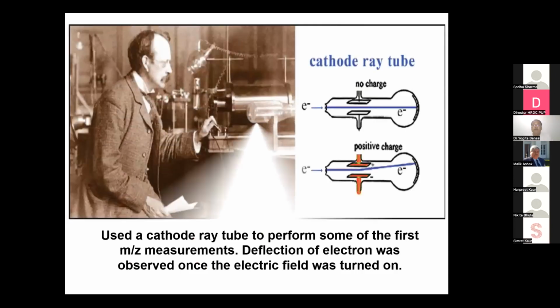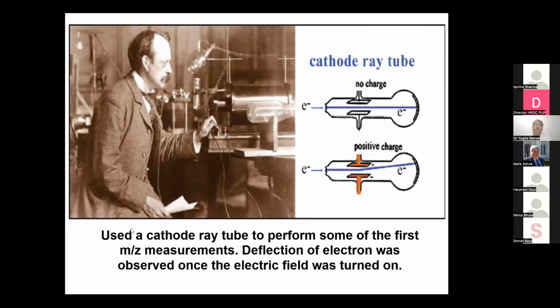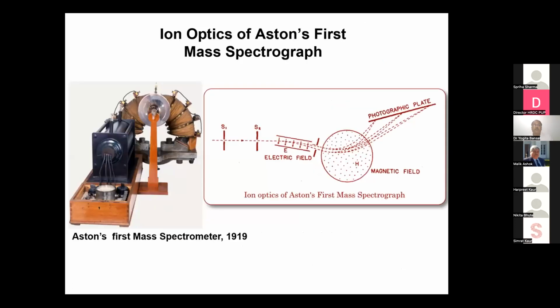So in the cathode ray tube, what was found in that day is that if a beam of electrons is allowed to pass through a vacuum, and if there is no charge, it will follow a straight path, and if a charge is applied, it will bend by a certain angle. This is the basis of mass spectrometry, meaning a charged species under the influence of another charge is deflected. So that forms the basis of the mass spectrometer.